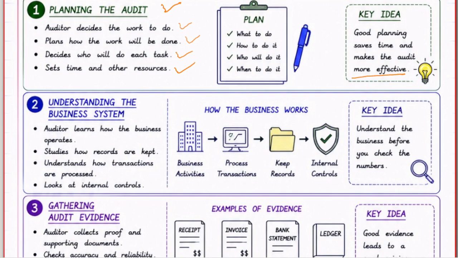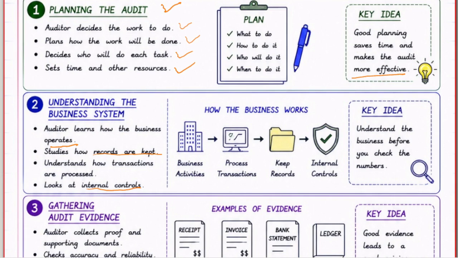Okay, auditor learns how business operates, studies how records are kept, understand how transactions are processed, look at internal controls. We said stage 1, stage 2. You know that stage 1 and stage 2 of the chronology fall under this understanding the business system as a whole. Okay, understand the business before you check the numbers.